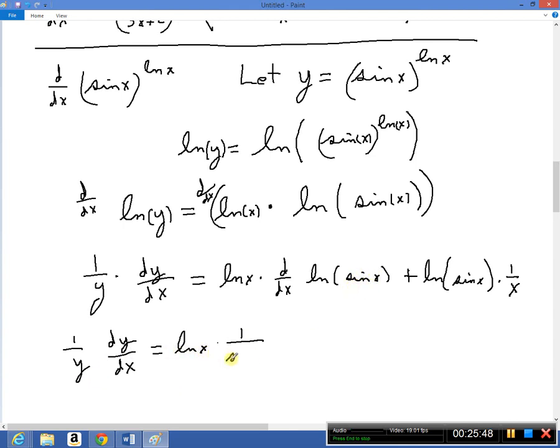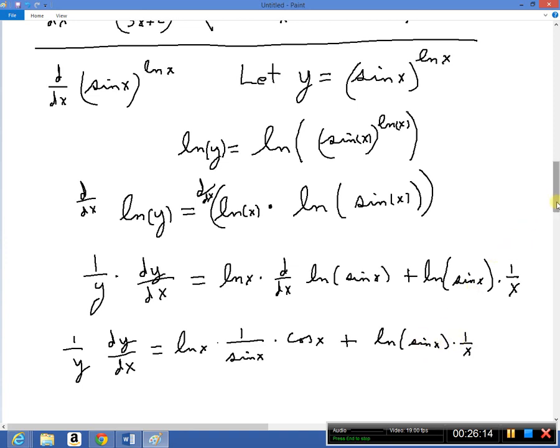So we write that, 1 over sine x. But sine x is not x, it's a function. So the chain rule says, you got to multiply by the derivative of what's inside. Fine. Derivative of sine is cosine. Here we don't have anything more to do. We just write log of sine of x times 1 over x.